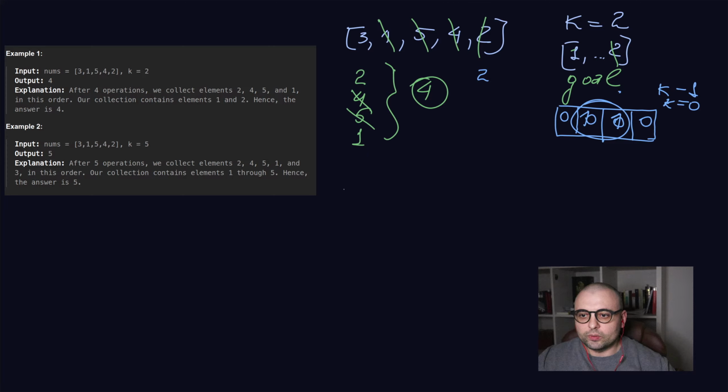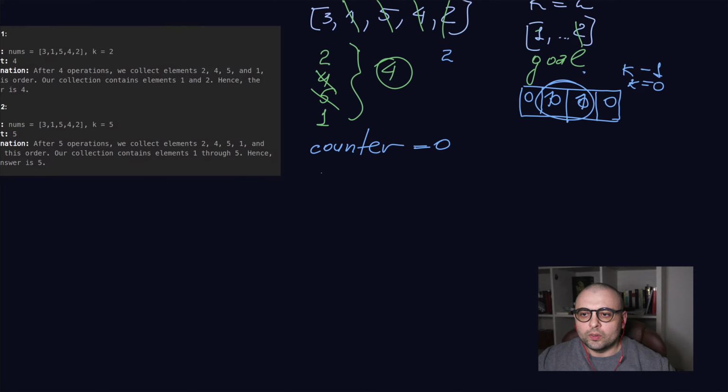So we'll have a variable called counter. We will initialize it at 0. And then we'll go through each item in nums reversed.